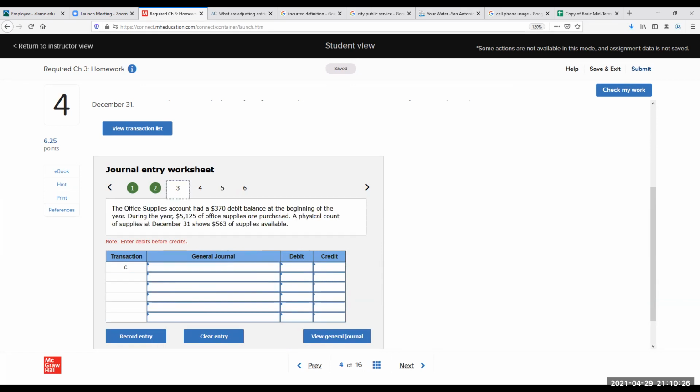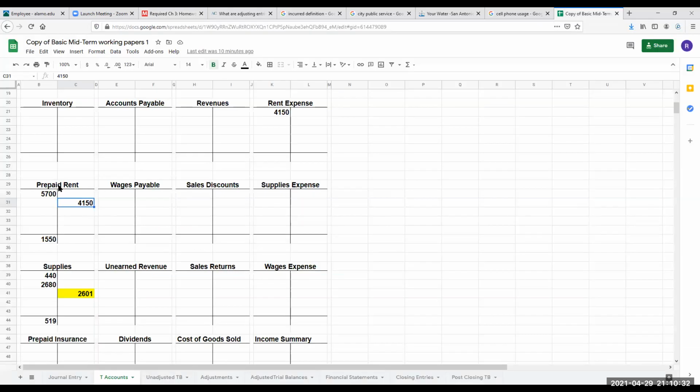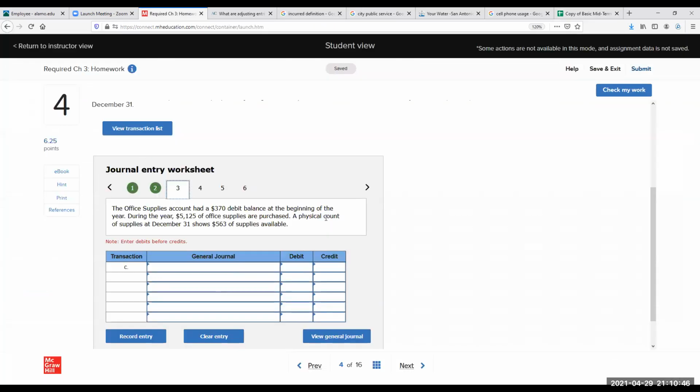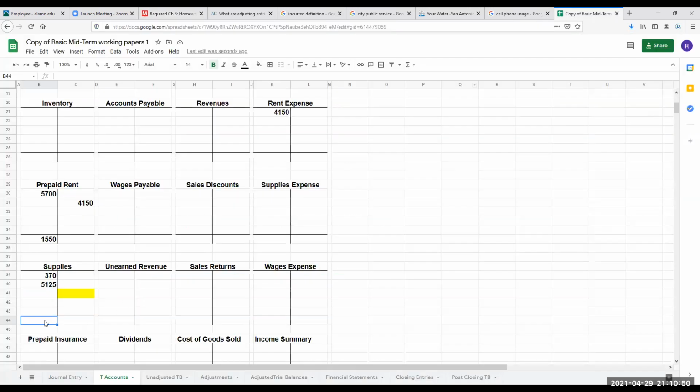The office supplies had 370 and 5125 is purchased. You had 370, 5125 is purchased. So now we have 5495. Well, what happened? A physical count shows 563 left. So when we count them, we only count 563.